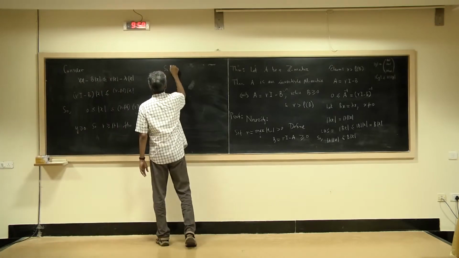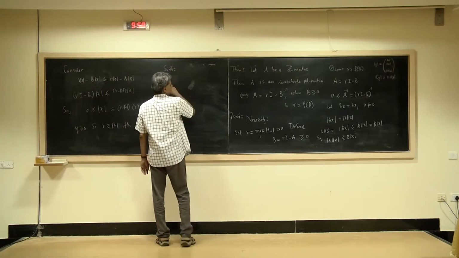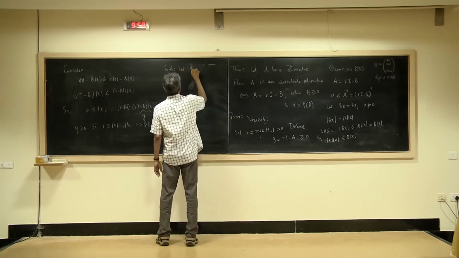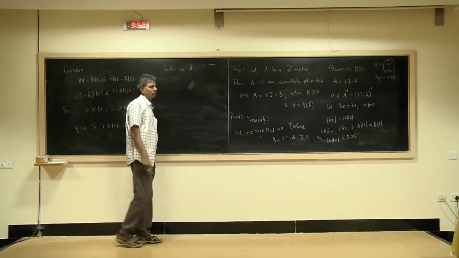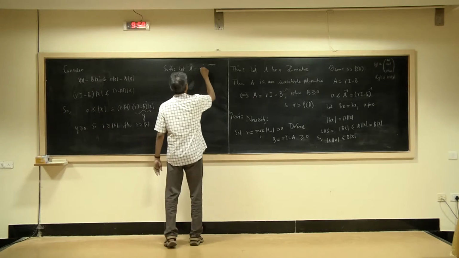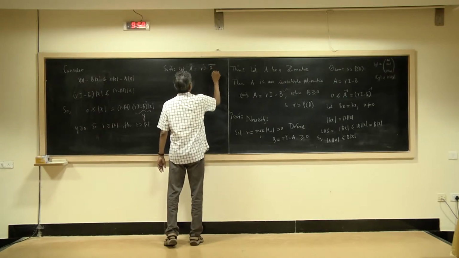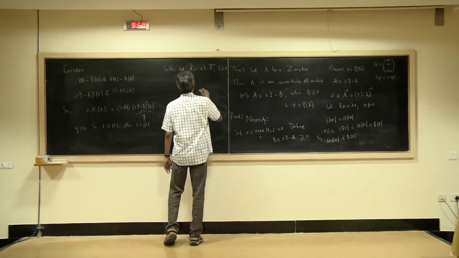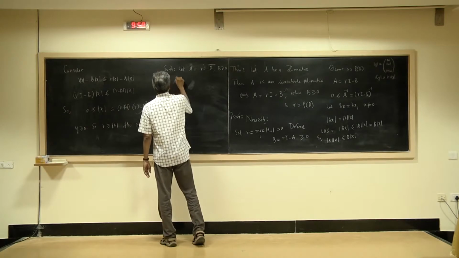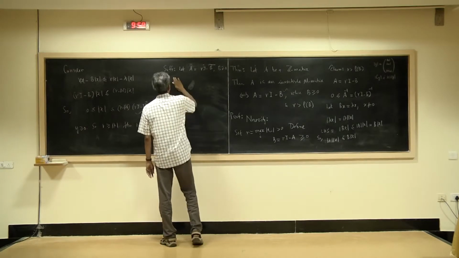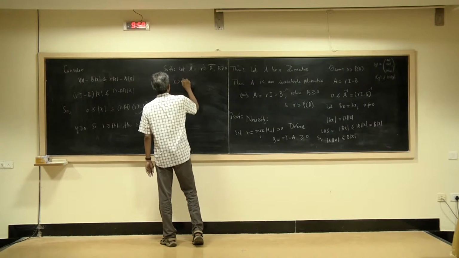So for the sufficiency, let A have this representation, RI minus B, where B is non-negative and R is strictly greater than the spectral radius.